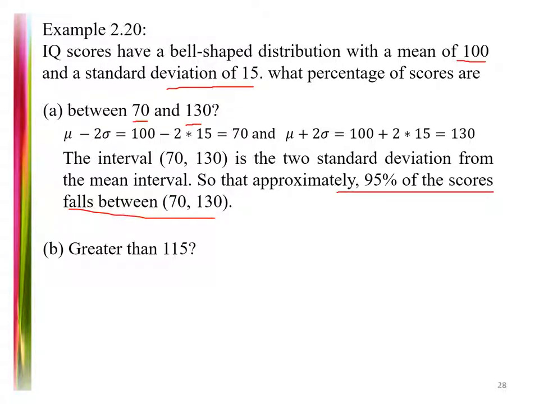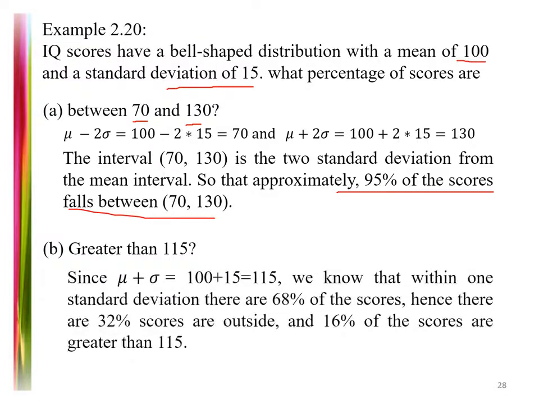Okay, and second, greater than 115. So 115 is mu plus sigma, so there is one standard deviation limit, but by the empirical rule, 68% of the data falls within one standard deviation. So that means this is 115, and this is 85. So by the empirical rule, there's that 68%.